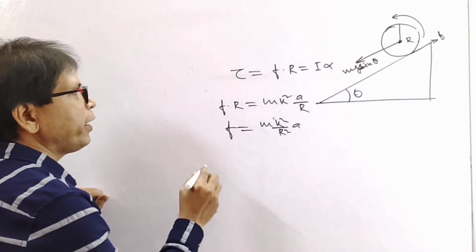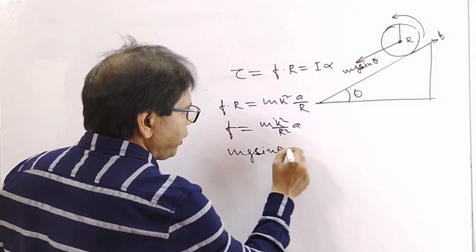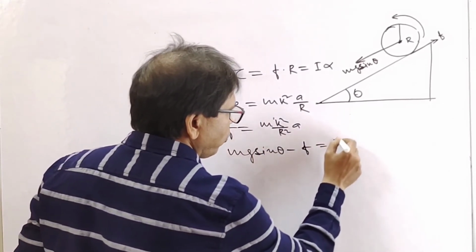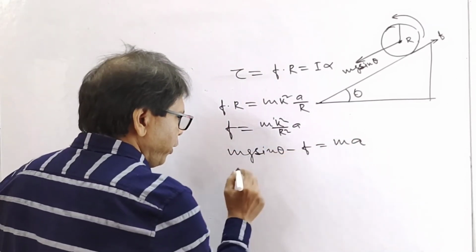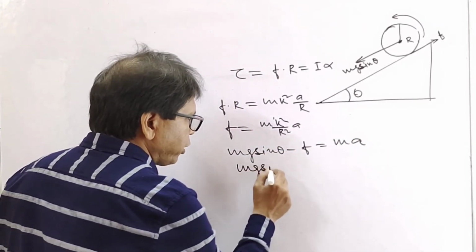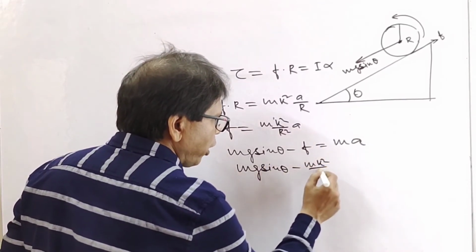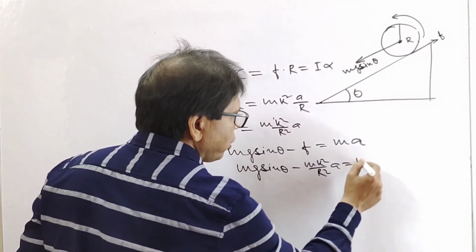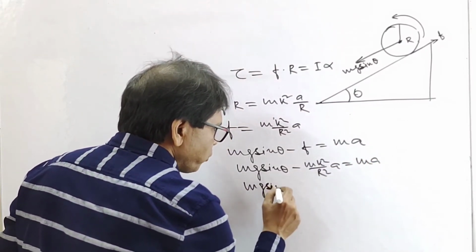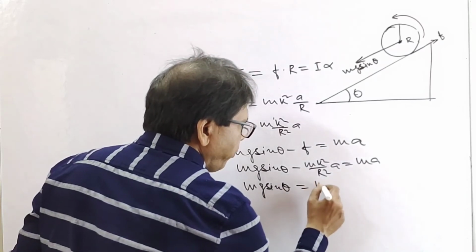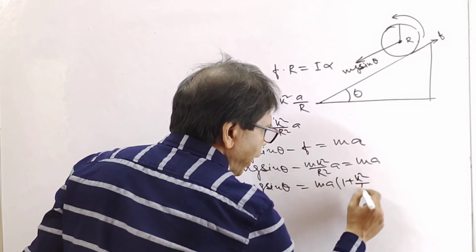So the resultant force mg sin theta minus small f equals mass into acceleration. Now put the value of f here. So mg sin theta minus mk square by r square into a equals ma. Therefore mg sin theta equals ma into (1 plus k square by r square).